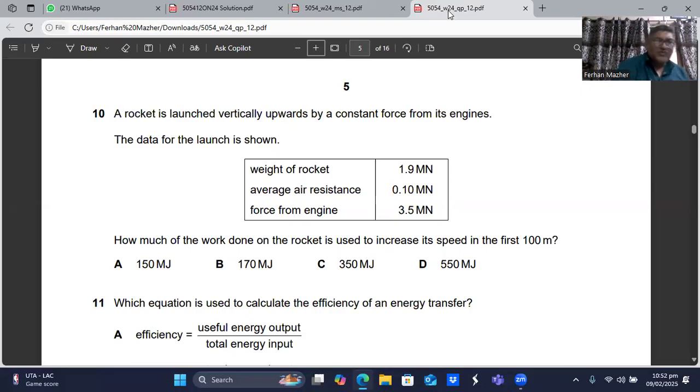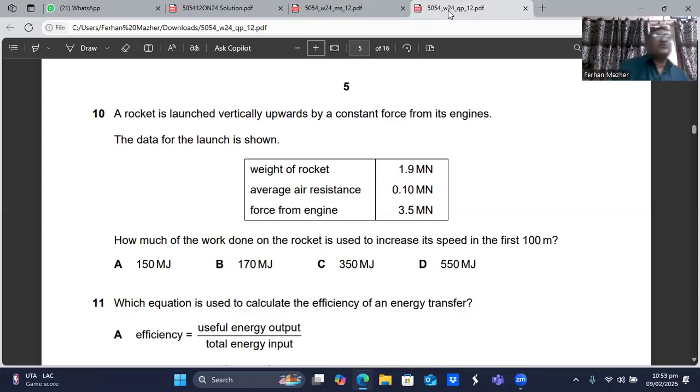So from the 3.5 million Newton, we will subtract the weight of the rocket, which is 1.9 million Newton, and we will also subtract the average air resistance, that is 0.1 million Newton, and the rest of the force will be used to move the rocket.